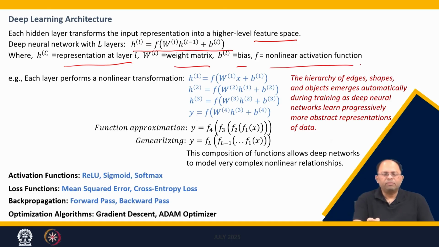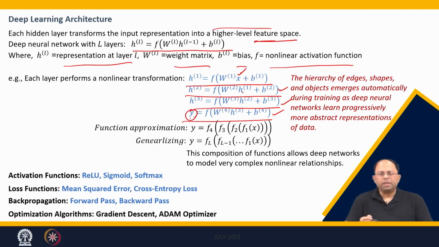For example, if I have around three layers, the first one is the input features, the second one is hidden layer 1, this is hidden layer 2, and then in hidden layer 3 we are finally getting the output. This is Y. So from X we are predicting Y, but in between we are creating so many other features. We are converting this entire thing into a much higher level feature space.